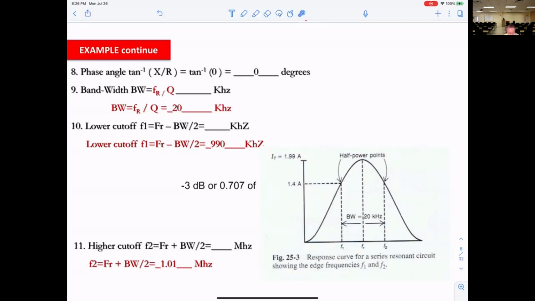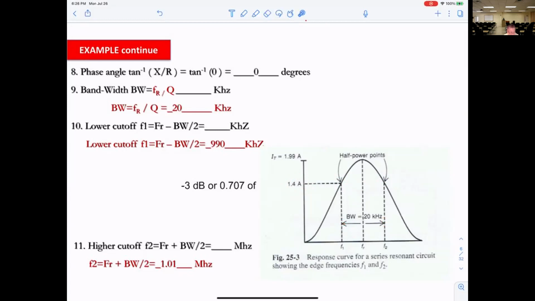Minus 3 dB means you have to take 1.99 times 0.707. That gives you 1.4 amp. So this is the first cutoff frequency. This is the second cutoff frequency. The bandwidth will be going from F1 to F2.